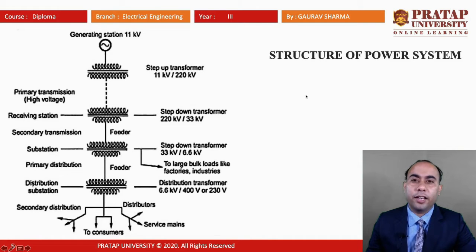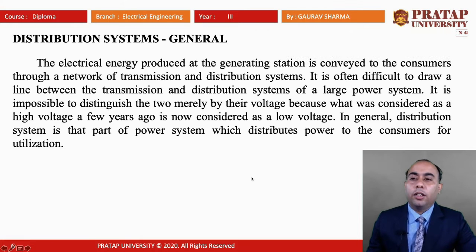So we generate at 11 kV, and we use only 230 volts in single phase and 415 volts in three phase. Now the electrical energy produced at the generating station is conveyed to the consumer through a network of transmission and distribution systems.